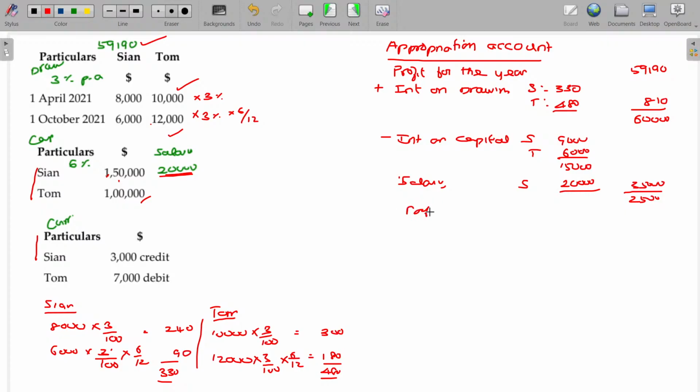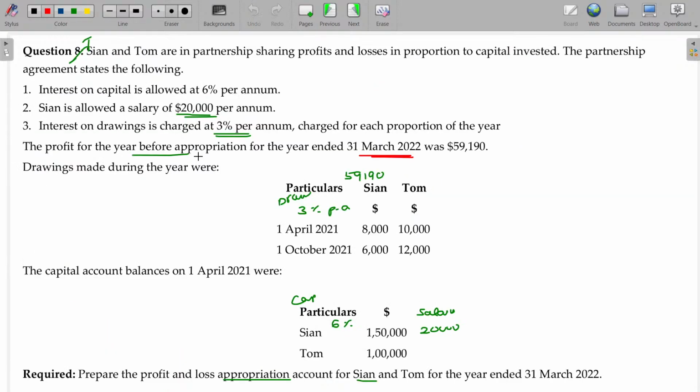Profit share for Sian and Tom. In what ratio do we have to share this? Sharing profits and losses in proportion to capital invested.